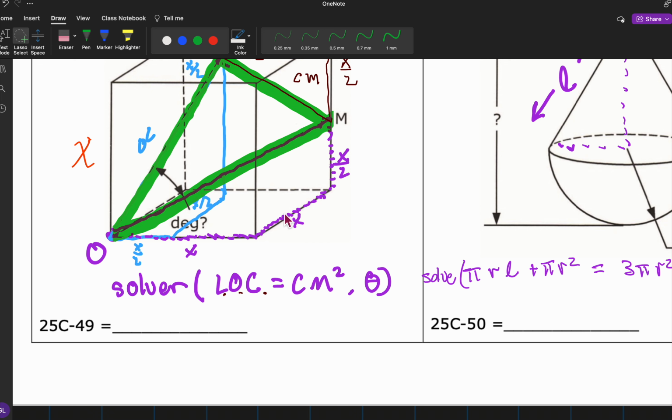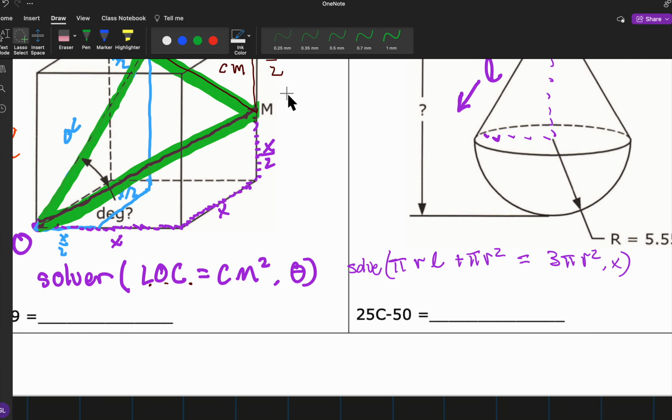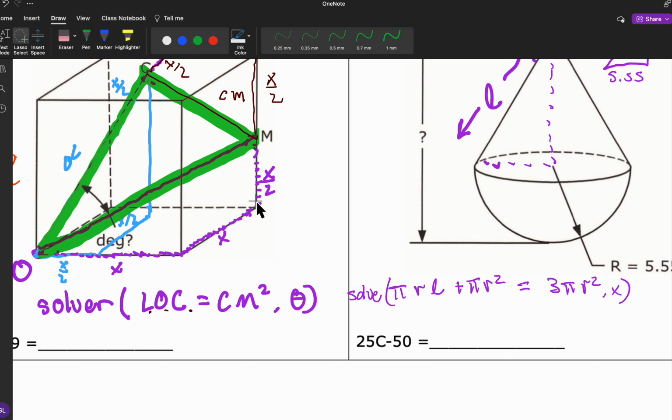Then y squared is going to be this distance right here squared, which is another side length of the cube, so x again, plus halfway up this line segment. So this is the third dimension. This is z. So x squared plus y squared plus z squared would give us OM squared. And in this case, z squared is going to be half the side length of the cube, so x over 2, quantity squared.